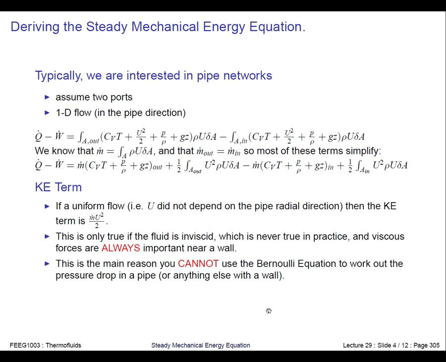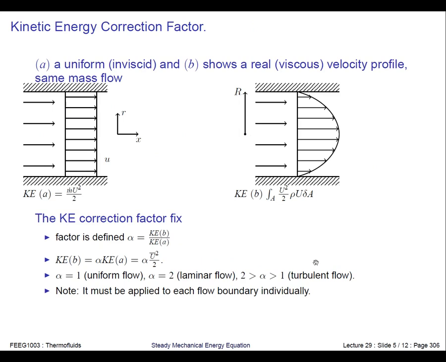This is the reason why you can't use the Bernoulli equation, because you can't deal with the velocity profile near the wall. So let's come up with an engineering fix to make this kinetic energy term tractable.